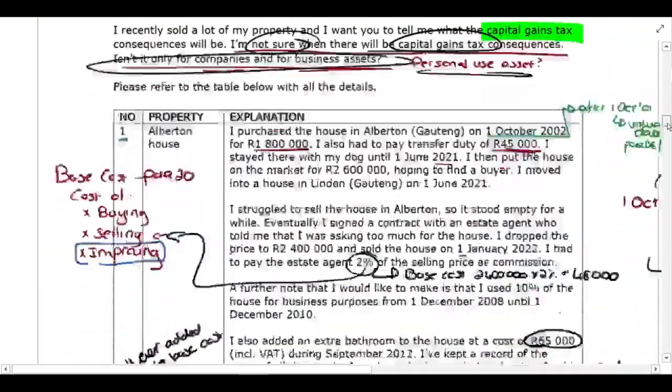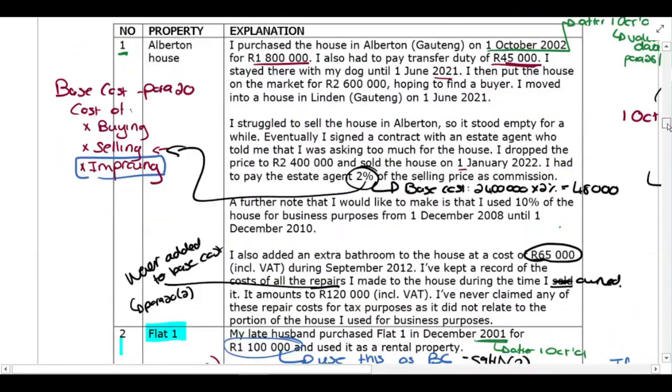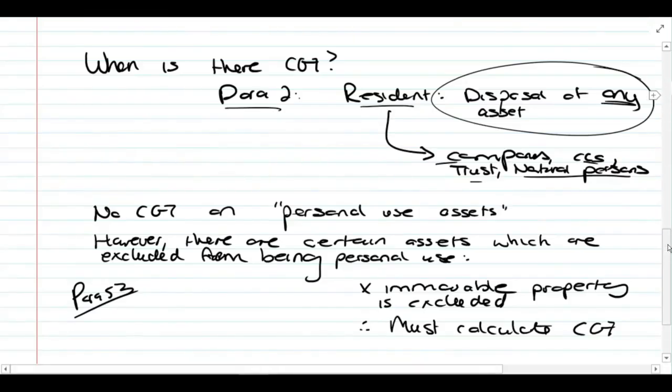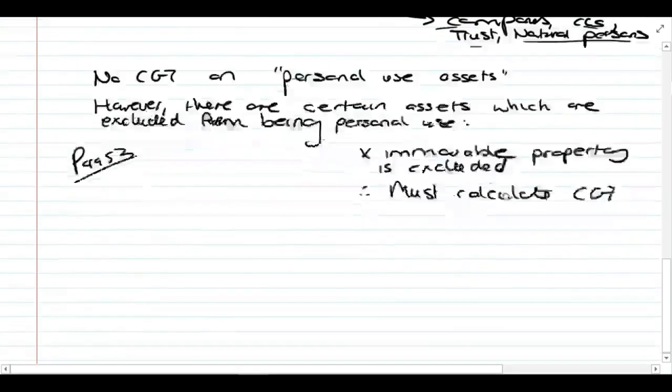Okay, so let's go and talk about all of these places. The first one is the house in Alberton. Again, because you have all of the written solution there, I'm going to do it in the form of a calculation because I think we're more comfortable with that. Then I'm going to show you how that calculation is all contained in the discussion question.